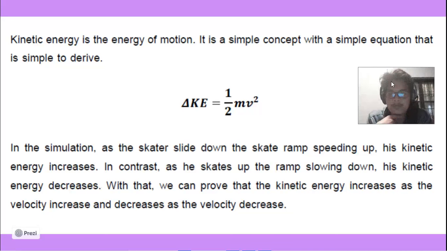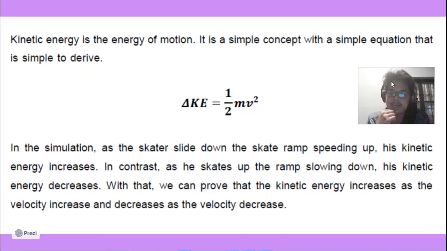That is why the total energy is always constant. With that, we can prove that as the kinetic energy increases, the velocity increases, and when the velocity decreases, the kinetic energy also decreases. So the kinetic energy is directly proportional to the square of the velocity.